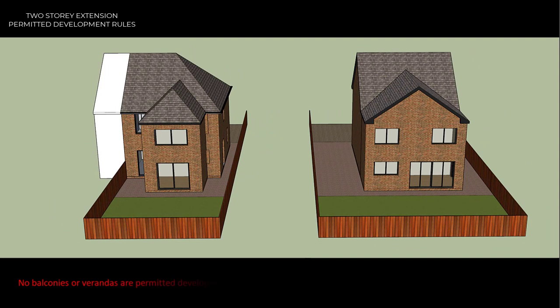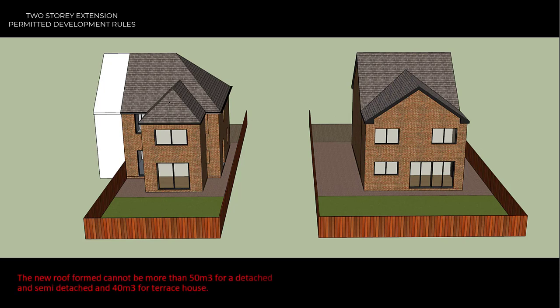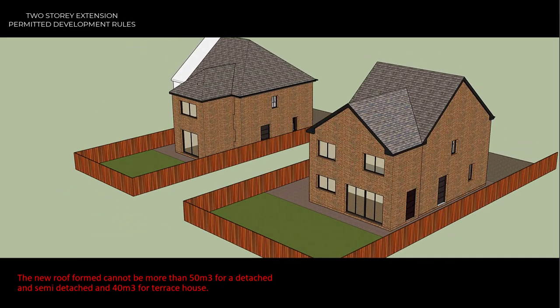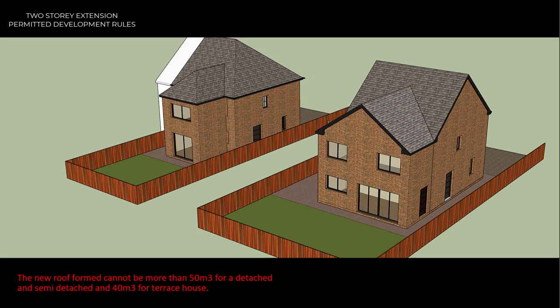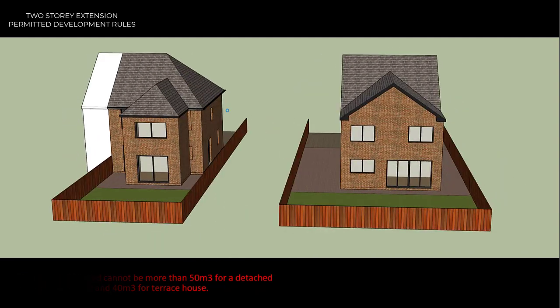There should be no verandas and no balconies. And finally, the new volume should not exceed 50 cubic meters on a detached and semi-detached house and 40 cubic meters on a terrace house. So that space shouldn't exceed 50 cubic meters, which it's far from.